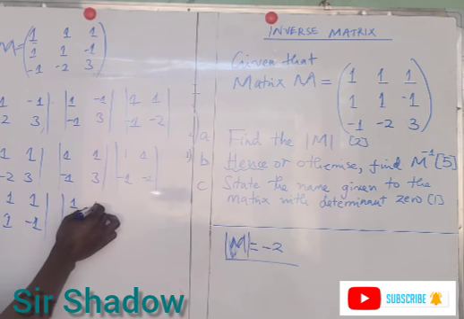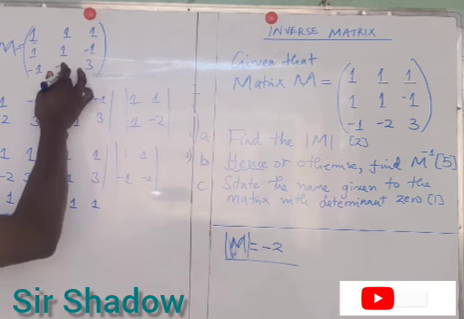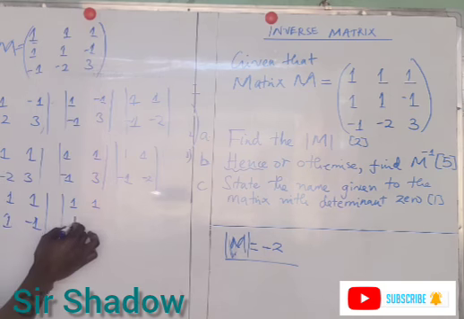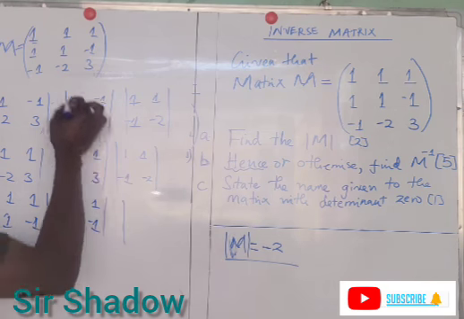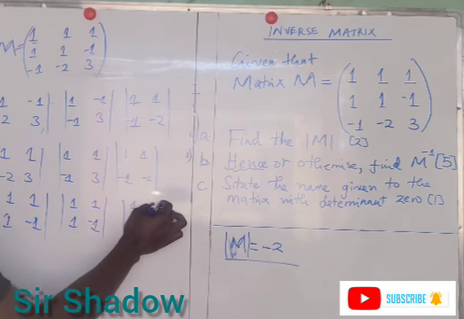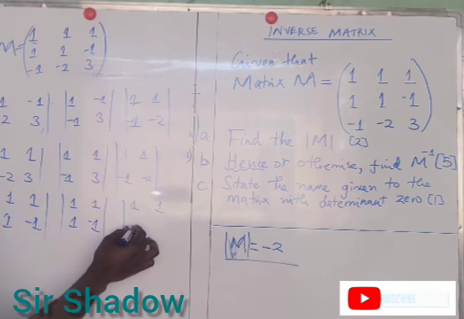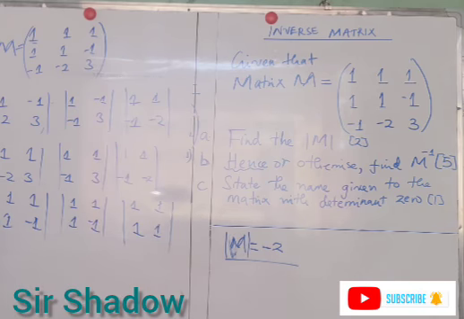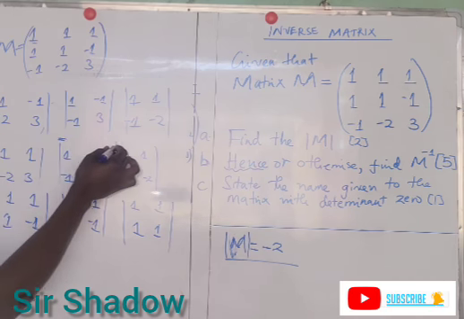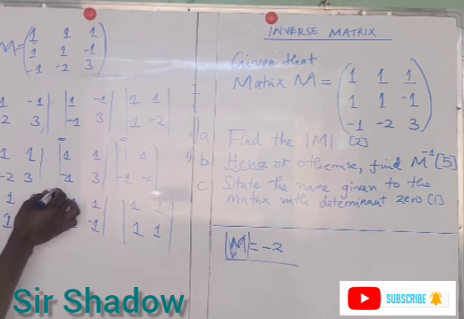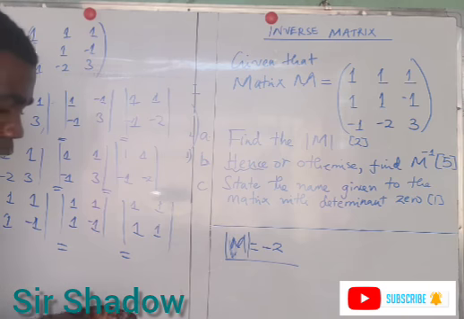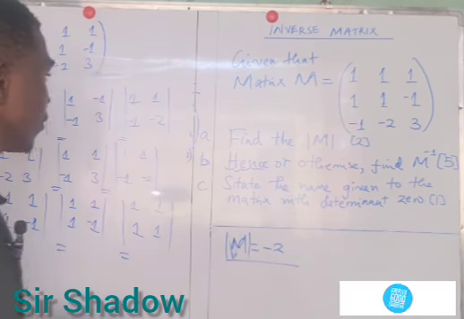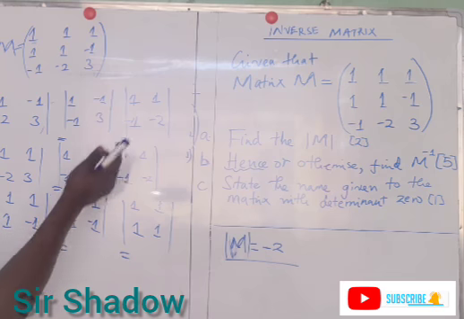The last one, 3, is collecting 1, 1, 1, 1. Now we want to find the determinant of the first, second, and third matrices of this given matrix M.